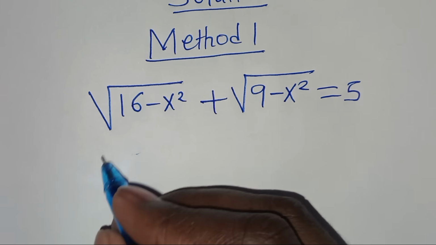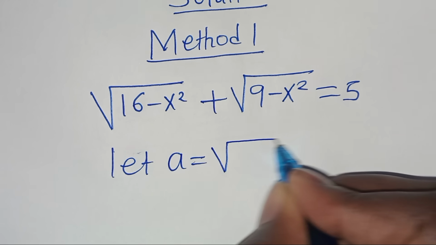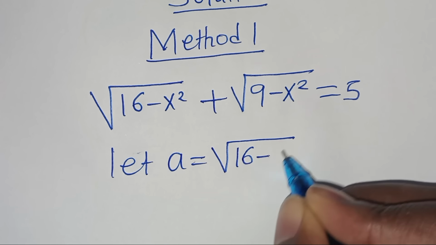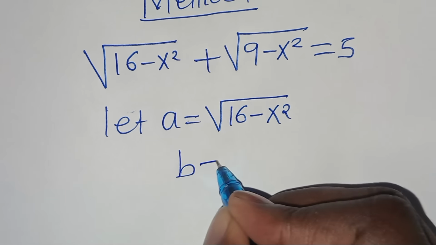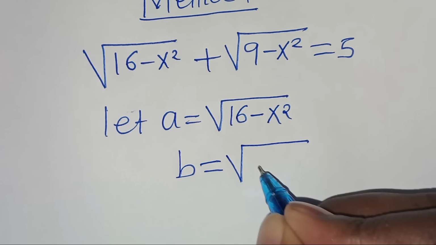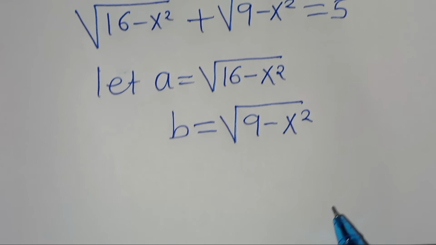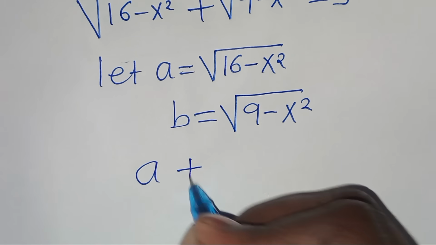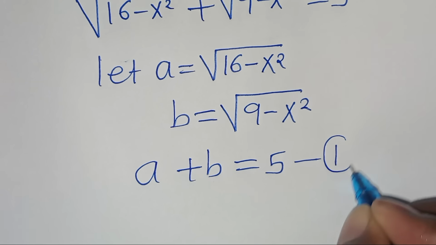So the first step is that we can let a be equal to the square root of 16 minus x to the power of 2, and we can let b be equal to the square root of 9 minus x to the power of 2. So we have that a plus b is equal to 5. Let's call this equation 1.